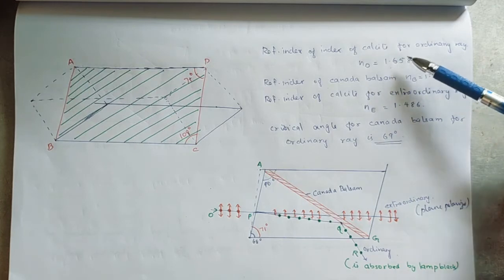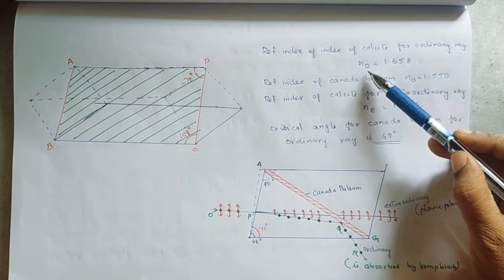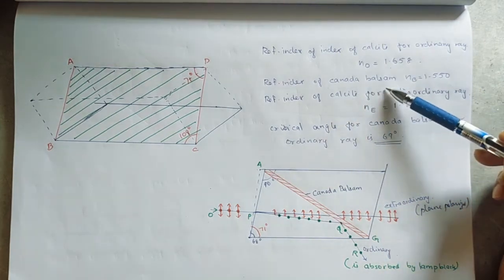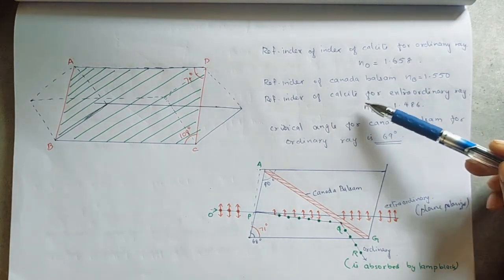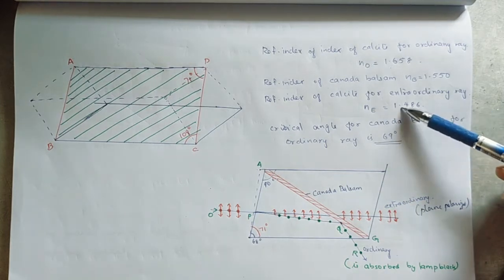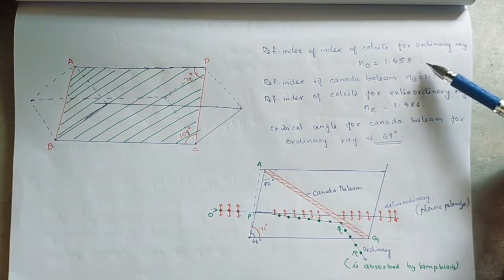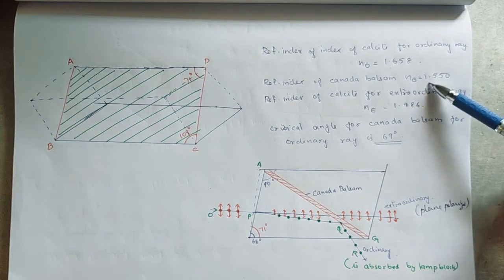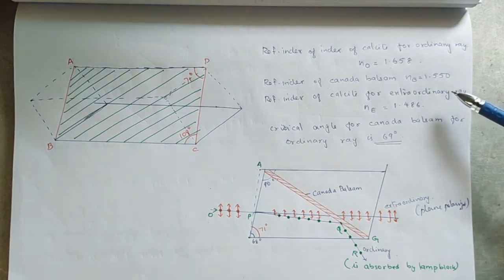The refractive index of calcite for the ordinary ray, denoted by nO, is 1.658, that of Canada balsam is 1.550, and that for the extraordinary ray is 1.486. See here, for the ordinary ray the refractive index is 1.658 and Canada balsam is 1.550. So definitely light comes from the denser medium to the rarer medium.